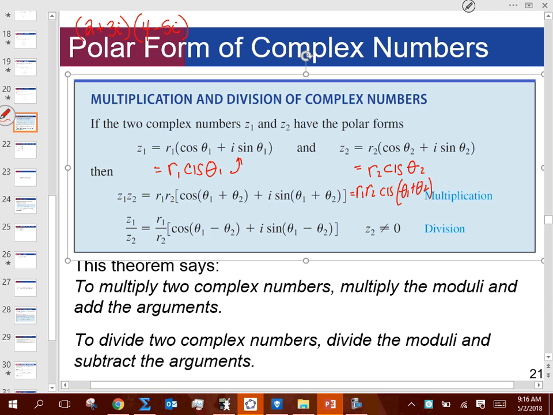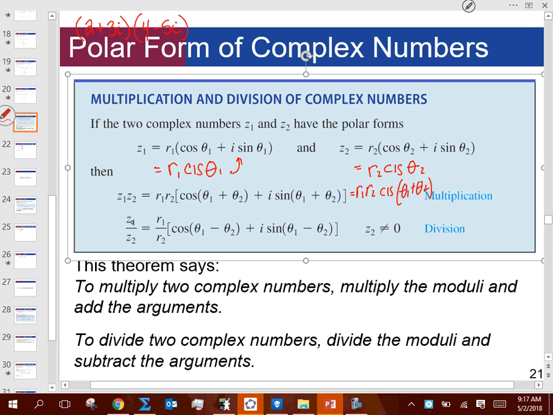But following kind of the same principles as multiplication, if I'm going to divide complex numbers, I divide the moduli. Order matters now, okay? So z1 over z2, then means r1 over r2. If it was z2 divided by z1, it'd be r2 divided by r1, okay? So make sure we understand the subscripts are important here.